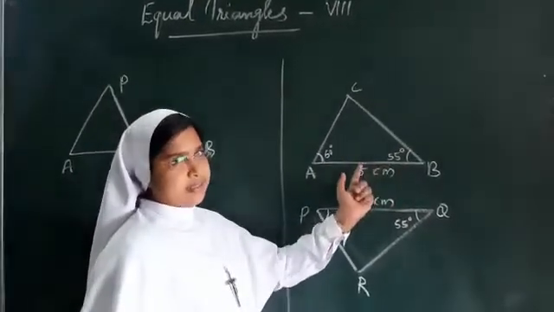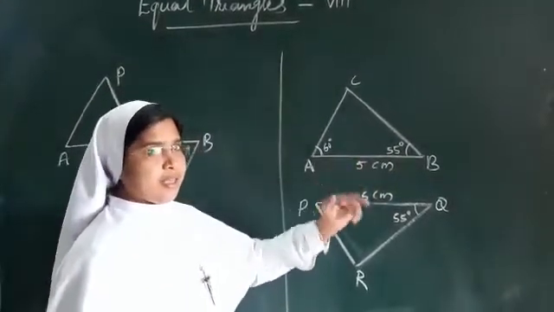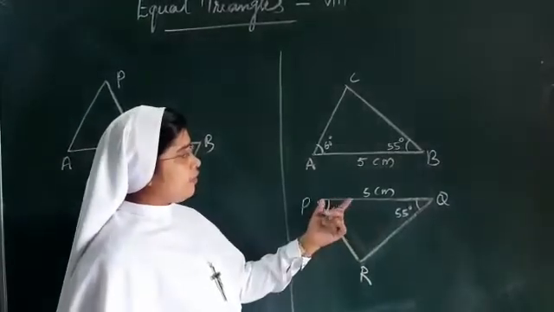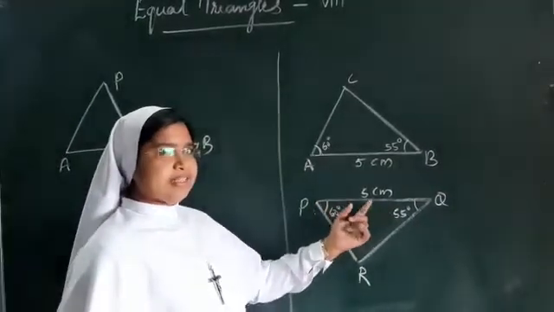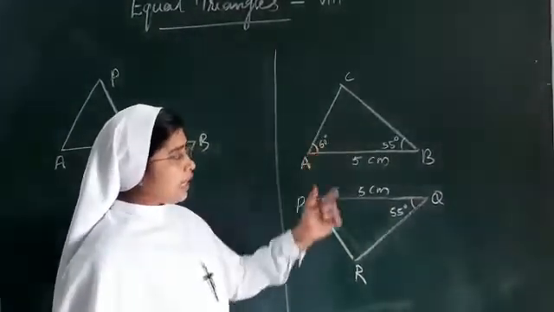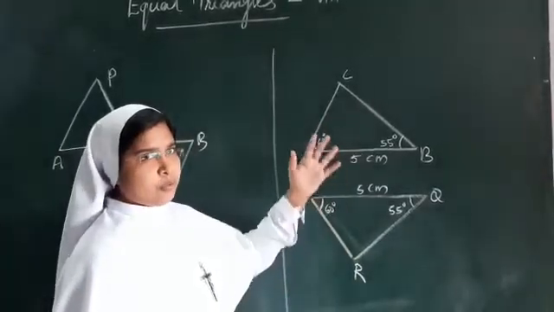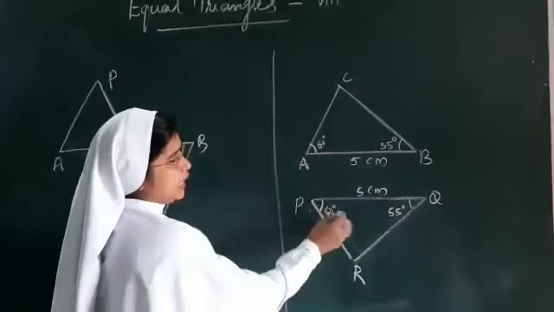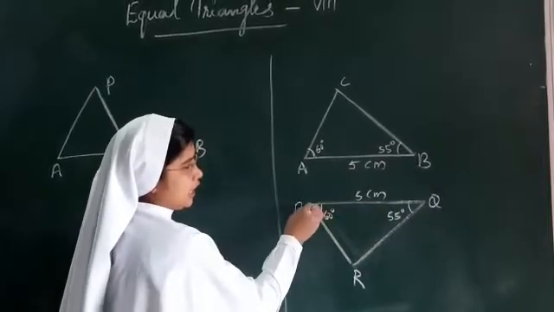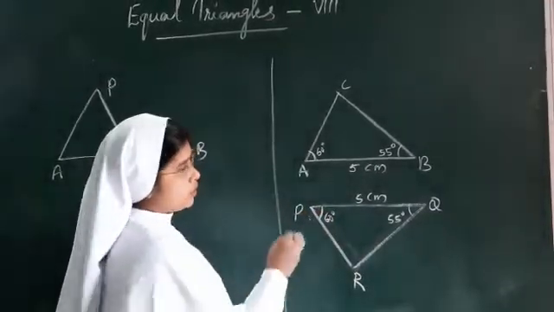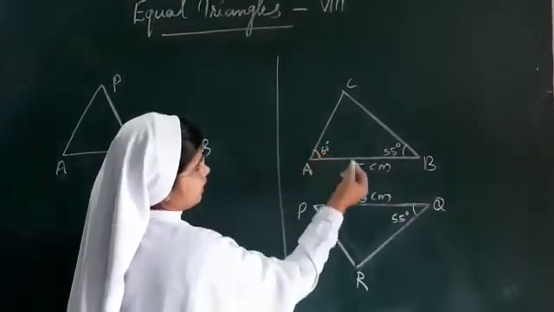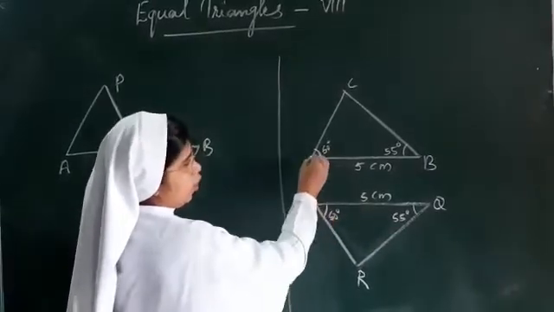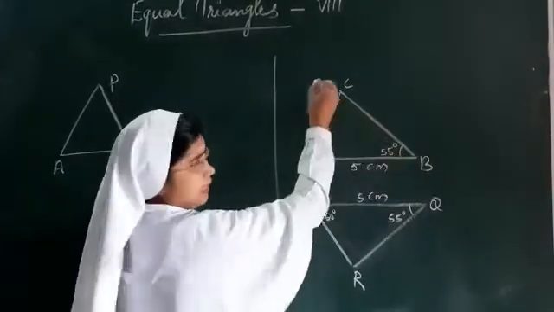that is, if one side and the angles at its ends are given, and they are equal to one side and the angles at its ends in another triangle, then the third angle also will be equal for both, and the side opposite to the equal angle also will be equal. So here angle A is equal to angle P, then the opposite side is BC.